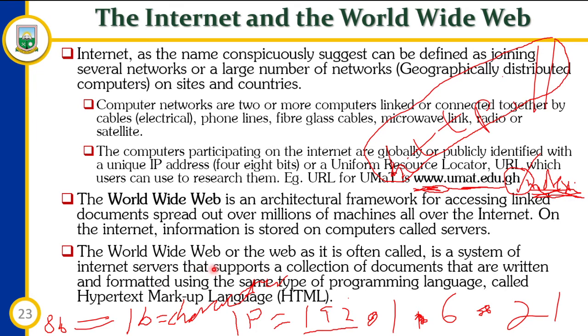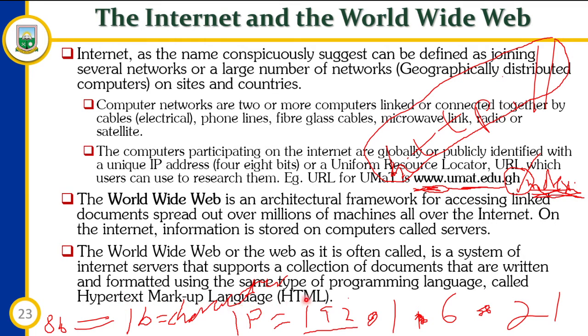Now, the World Wide Web, or the web as it is normally called, is a system of internet servers, as I explained what servers are, that supports a collection of documents that are written and formatted using the same type of language called hypertext markup language.